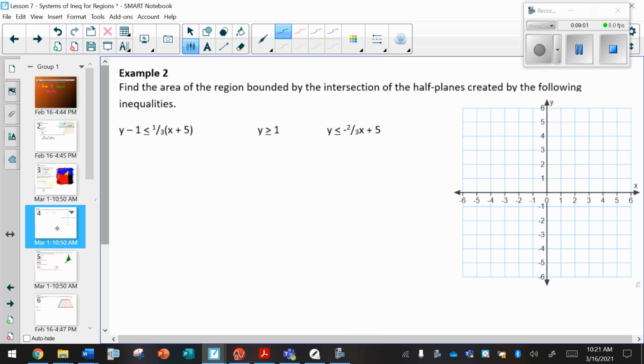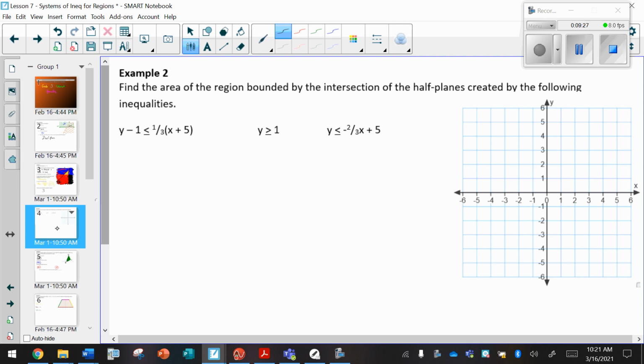Instead, we're going to more carefully graph each one of our 3 lines and then figure out the shape. Because moving forward, we're going to try to find the area of the shaded region created by the 3 half planes. That means what shape is created by our 3 lines. Once we have the shape created by our 3 lines, then we can answer whatever questions there are.